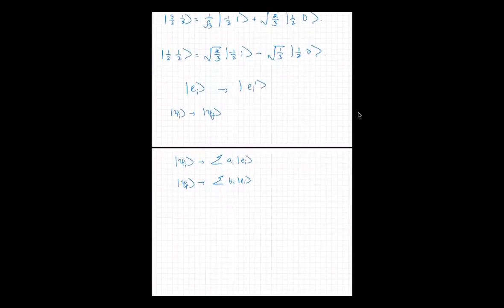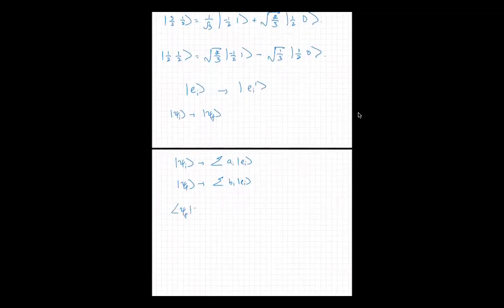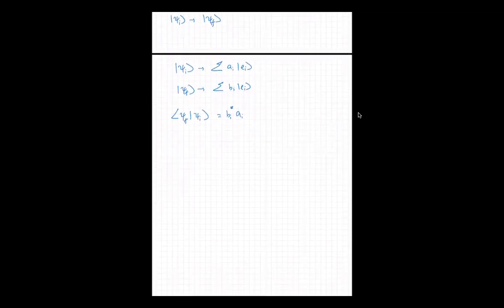Why is that? Because I write psi_i as some linear combination of a_i e_i, and I write psi_f as some linear combination of b_i e_i. This is a very bad notation, right? Now, the inner product of psi_f and psi_i is basically the sum of b_i star a_i. But suppose I express this in terms of the primed basis.